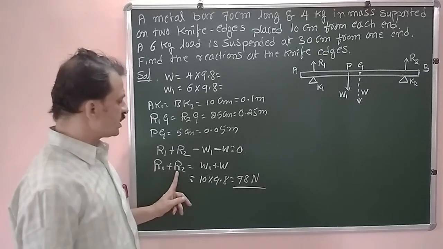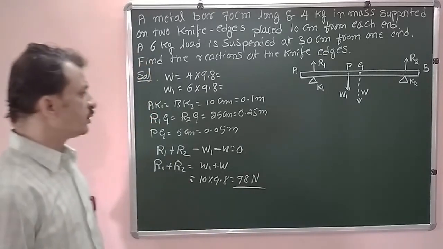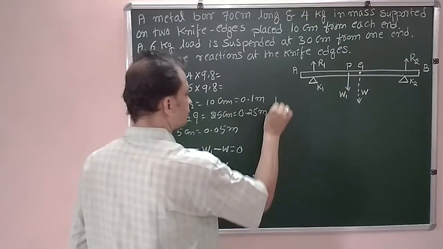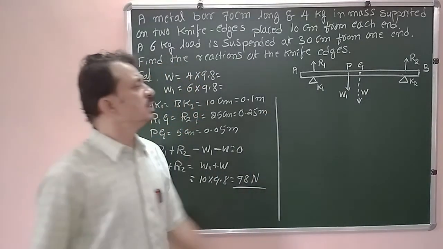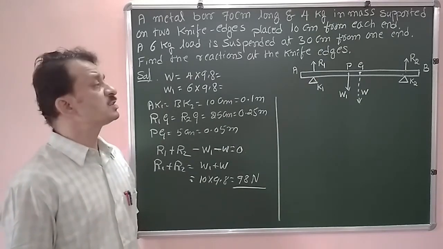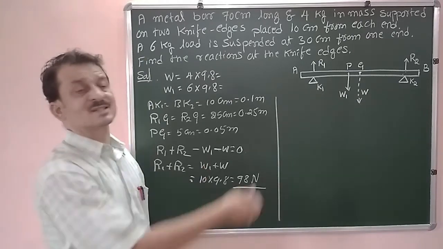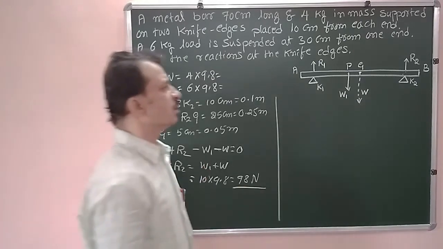So R1 plus R2, the sum of the reaction forces, we have got 98 Newton. It is one step. Now, from the rotational equilibrium condition, the algebraic sum of the moments of force should be 0.